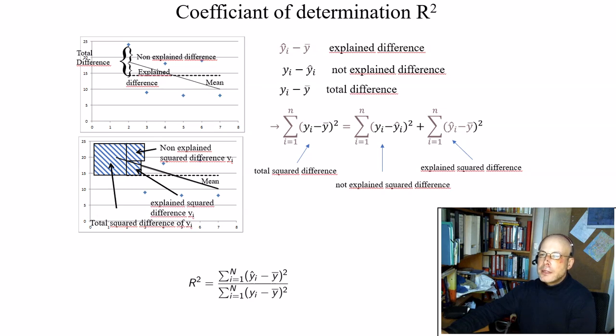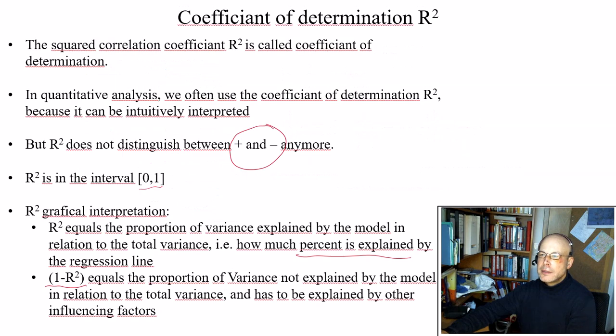This is also the graphical description of how we can explain why we can interpret the coefficient of determination as the percentage of explaining our data. Let's take this example here.